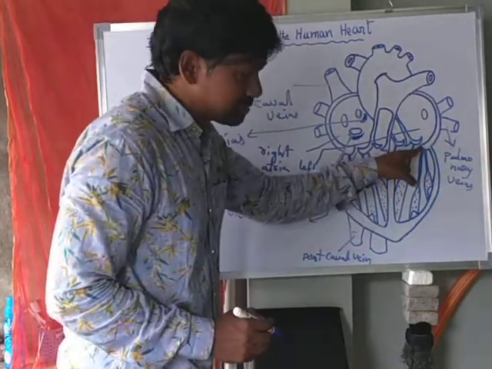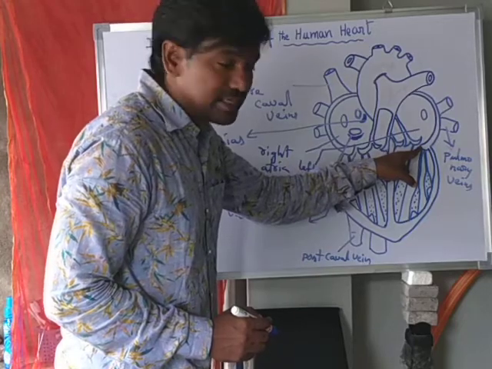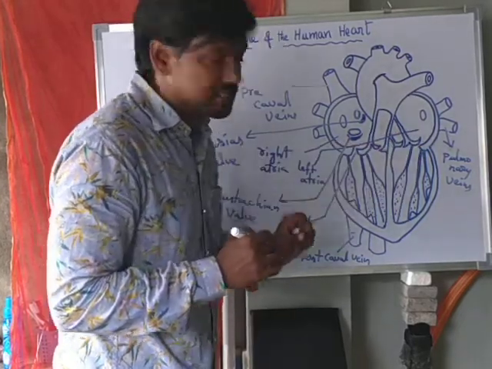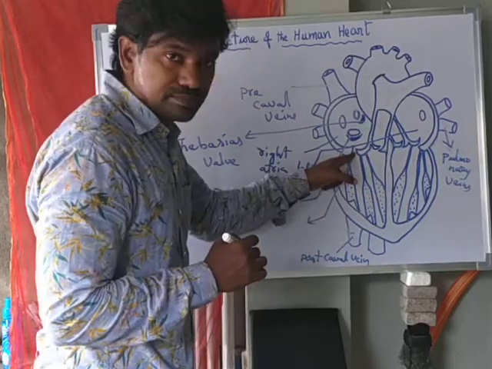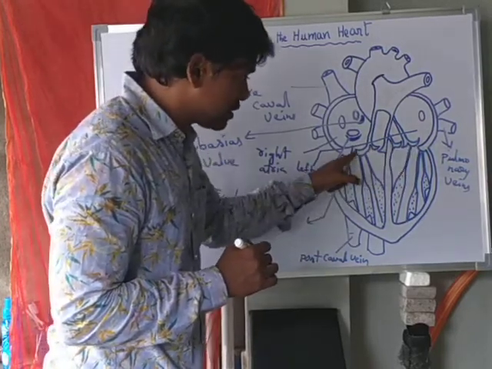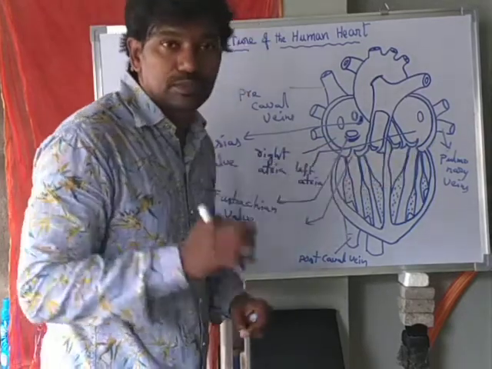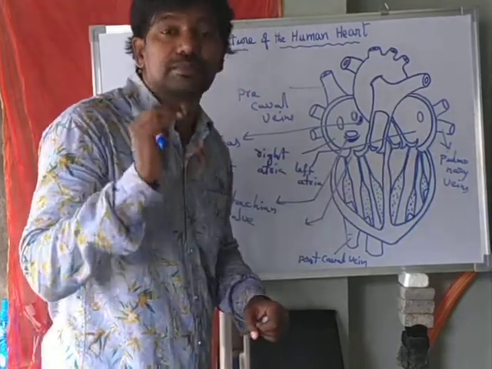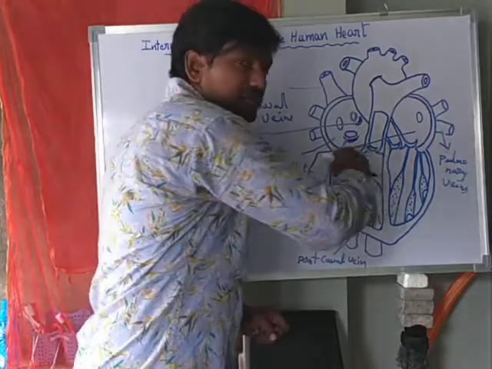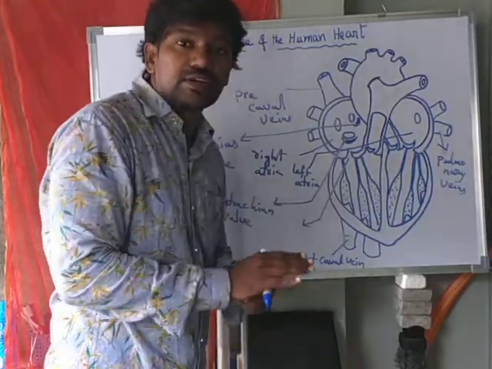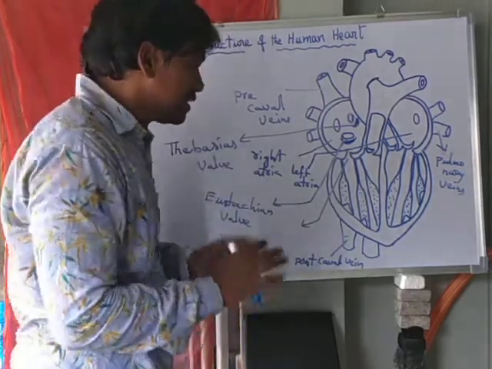These are the apertures present between the atria and ventricles. This one is the right atrium, this one is the right aperture, and this one is the left aperture. So both apertures are present in the atrioventricular septum.